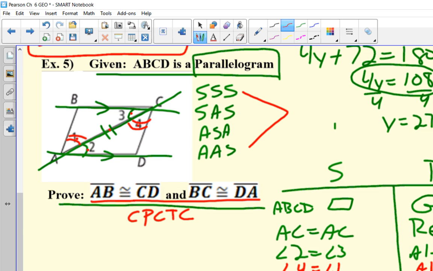So I can say triangle ABC is congruent to triangle CDA, and that's going to be by angle, side, angle, which then allows me to say that AB is congruent to CD and BC is congruent to DA by CPCTC.